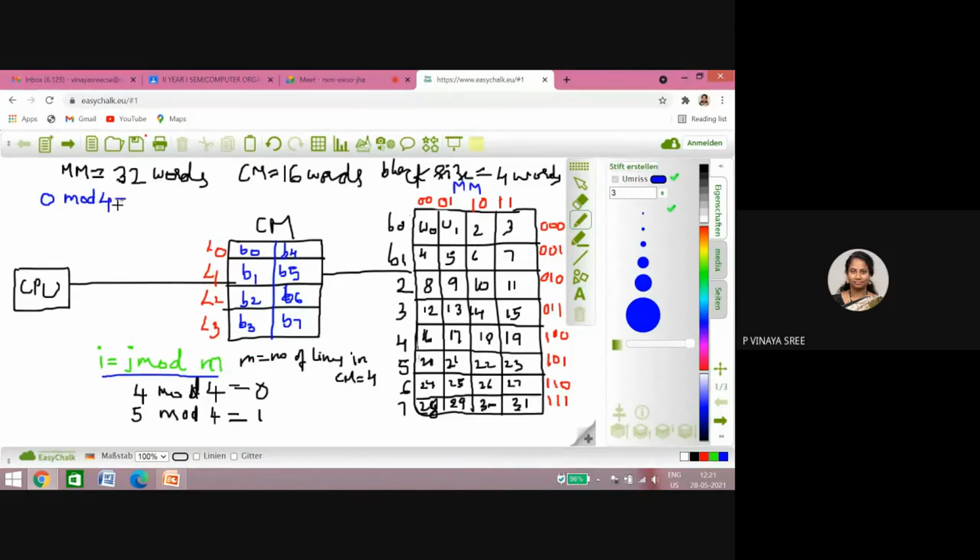So what value do we get for 0 modulo 4? You will get the value 0. That indicates i is 0, which means this block 0 has to be mapped to line number 0. Okay. Next is what?